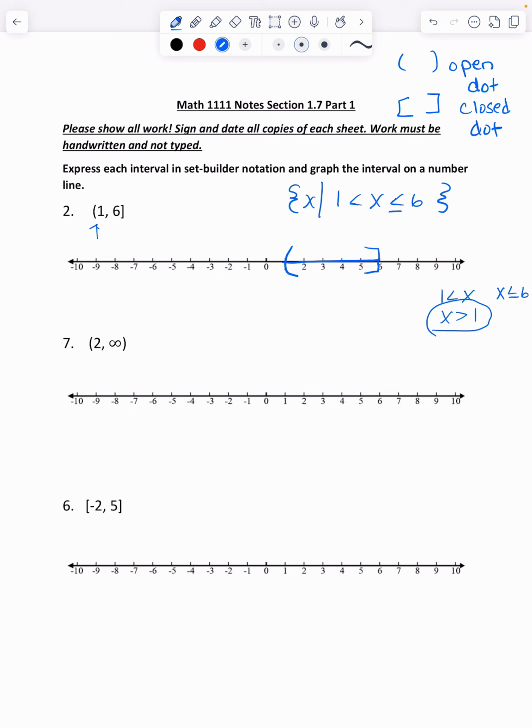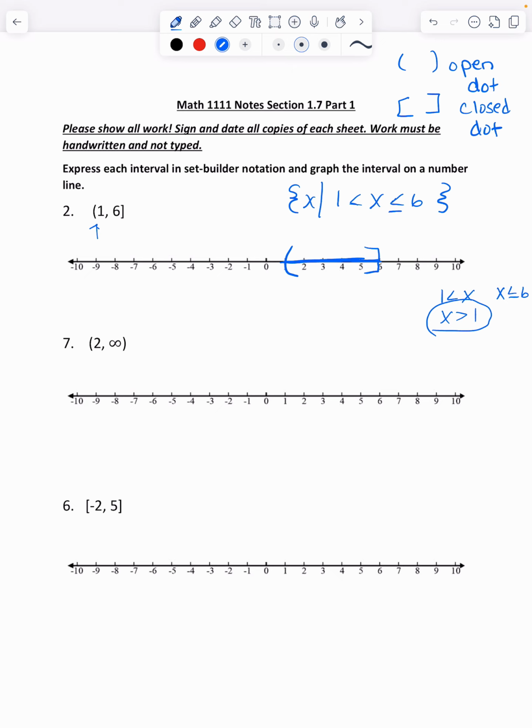It's going to be right in this area, and because of the bracket, it includes the 6. The ones that are line segments are a little bit tougher for students to write in set builder notation.